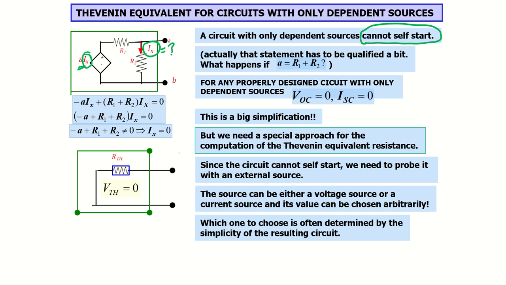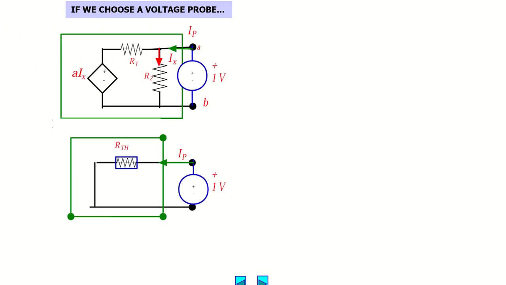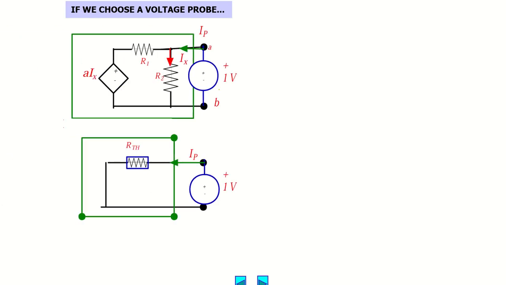whenever we are analyzing that, because it cannot self-start, we basically assume that our Thevenin, or open circuit voltage, is 0. So this is the simplification that we use. Now practically what we can do is use, for example, a voltage source and connect it across your load point.